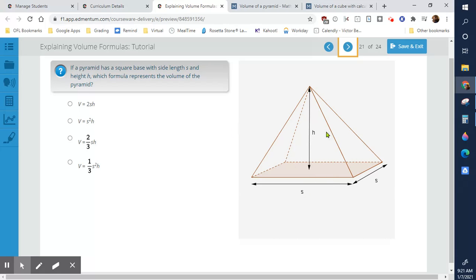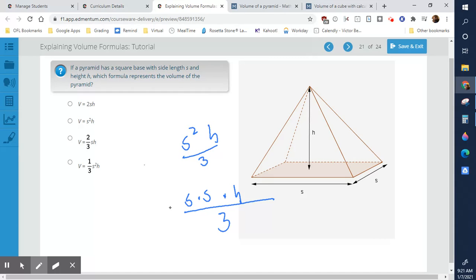So this becomes side length squared times height divided by 3. Now, if we look here, oh, there it is, the 1/3. So we want this 1/3 here. We're just going to click that, boom, and we're good. We literally just did it in the last activity. So let's go to the next question.